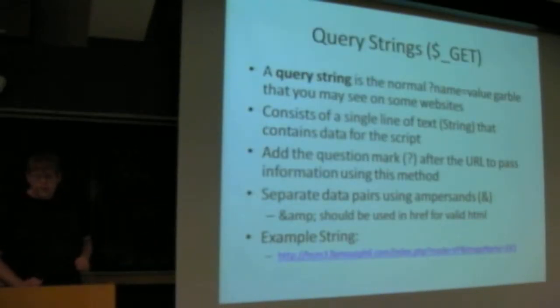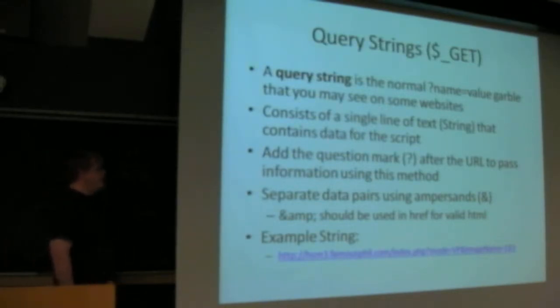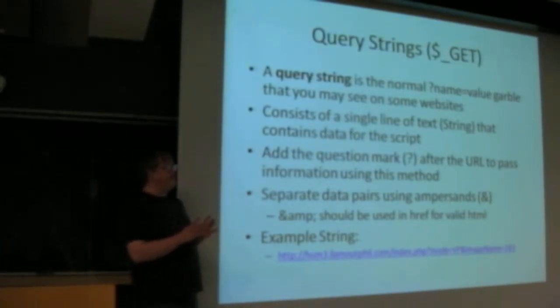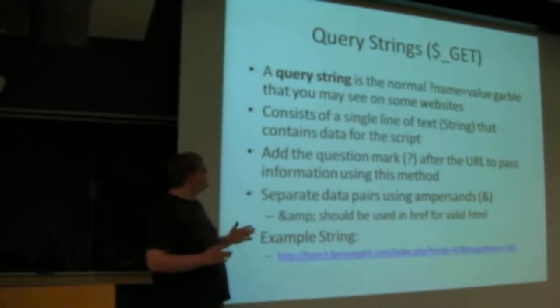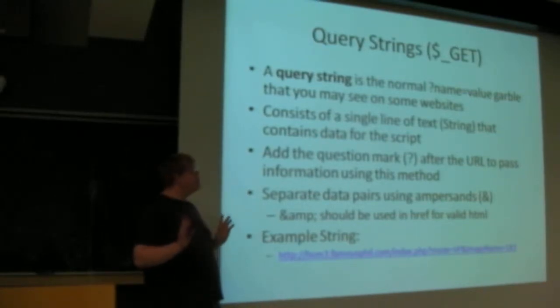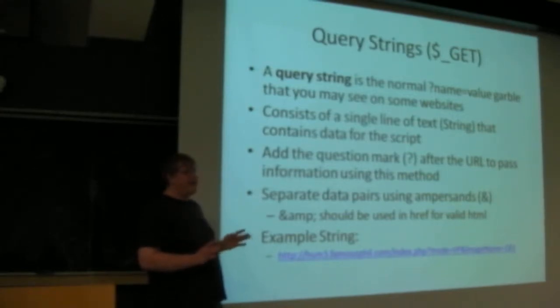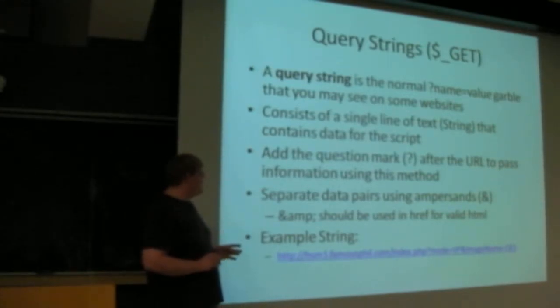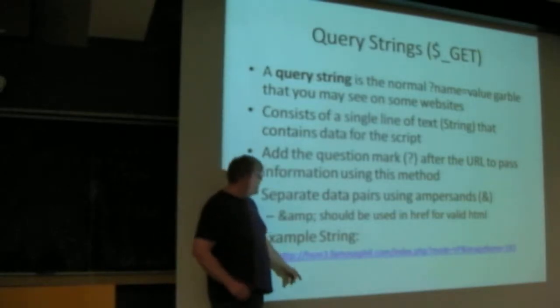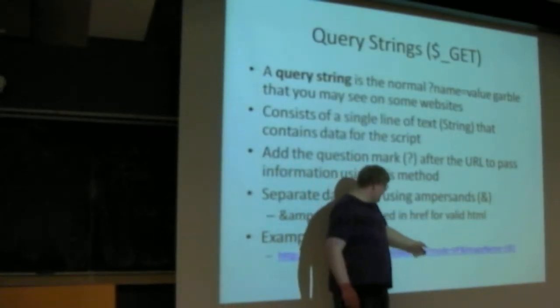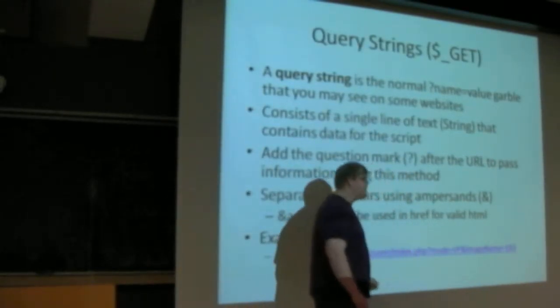Query strings. Get is for the strings that go on top of your URL. So you have a question mark and then you have a bunch of garble normally that passes information like session IDs into the page. So for example, this here, after index.php, we have a bunch of garble. That doesn't exist anymore.